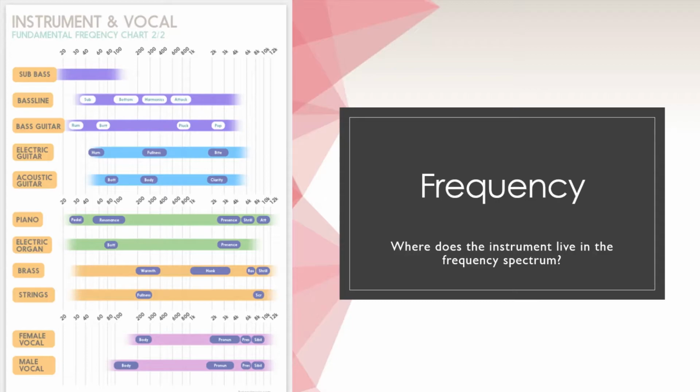And if you're wondering where certain instruments tend to lie in terms of frequency, there's a graphic on the left there that shows you where certain instruments tend to occupy in terms of frequency, and also the qualities of different instruments and where they tend to live in terms of frequency as well.